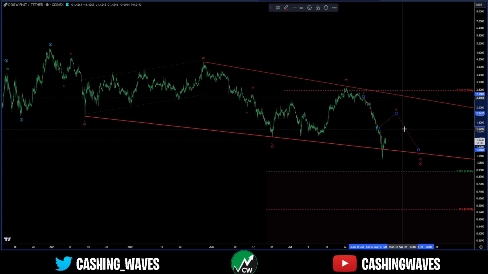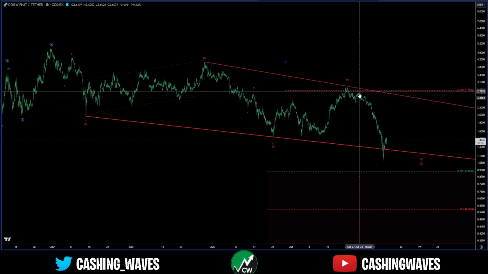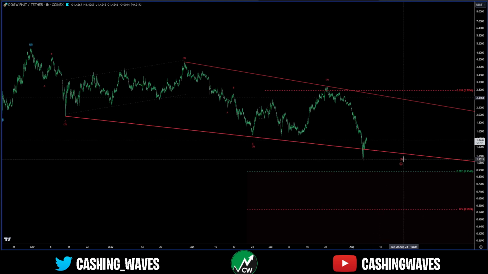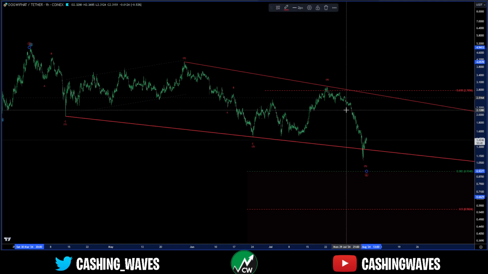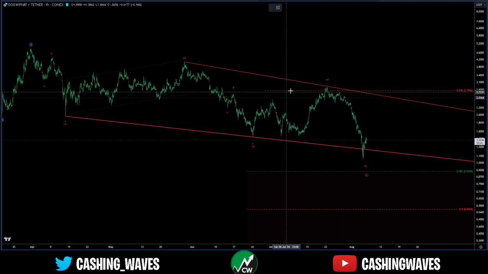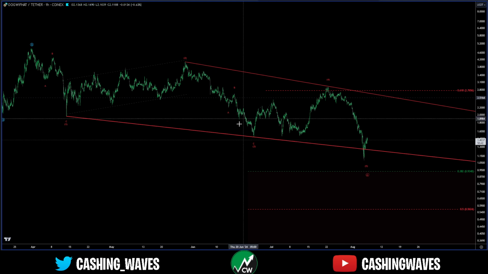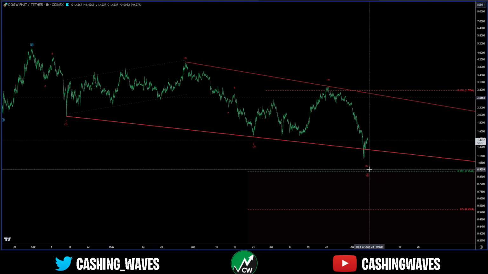It looks like most likely this is actually a double combination as an ABC, X, ABC to complete. But you can see our trend line's holding true. Our pivot was at the 618 of the 3rd wave down. So this does look very good as a diagonal for an A wave. So that's my primary currently right now.